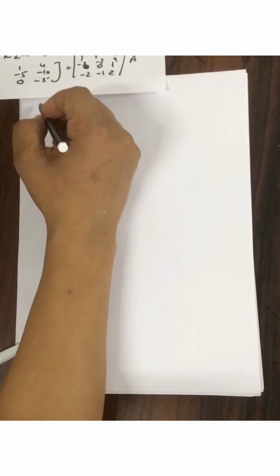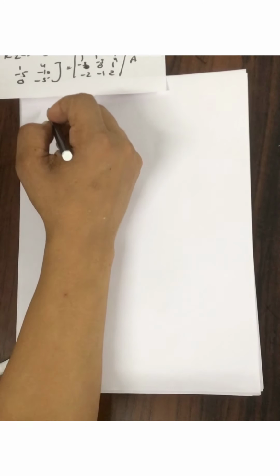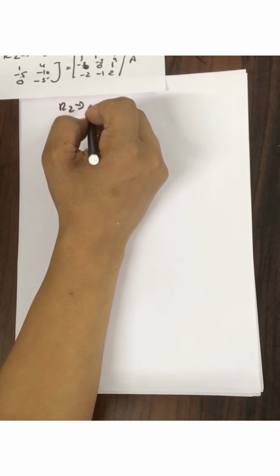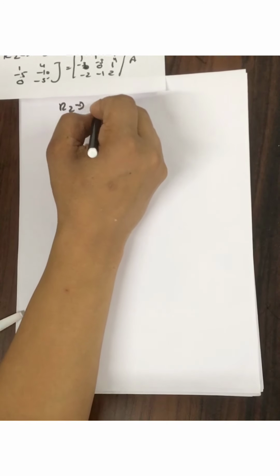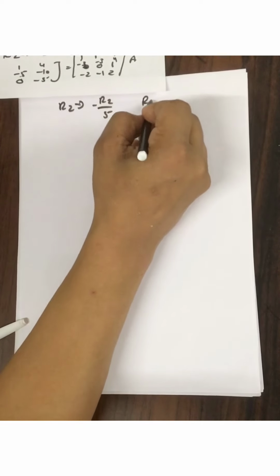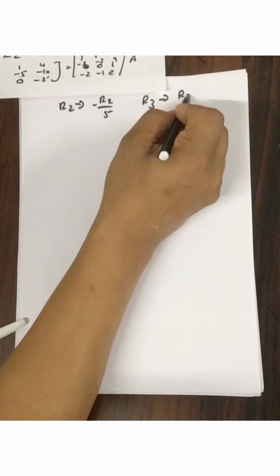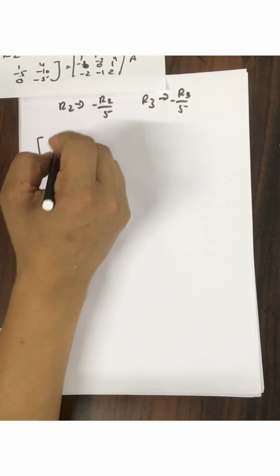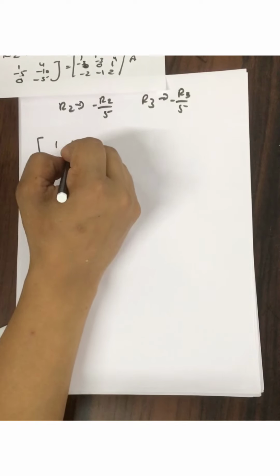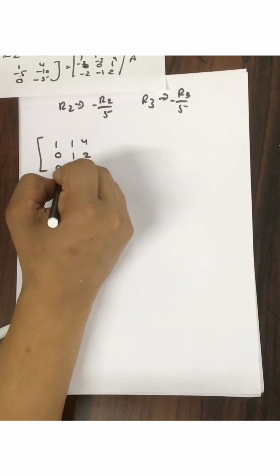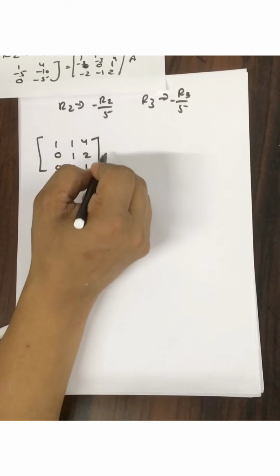Okay, then what happens, once we do this much, R2 we divide by 5, and that also becomes minus, and R3 we divide by 5, that also minus. Okay, so once we divide, what happens, 1 1 4, this will remain like this, 0 1 2, correct, 0 0 and 1.